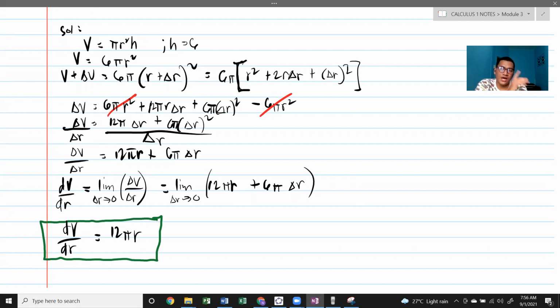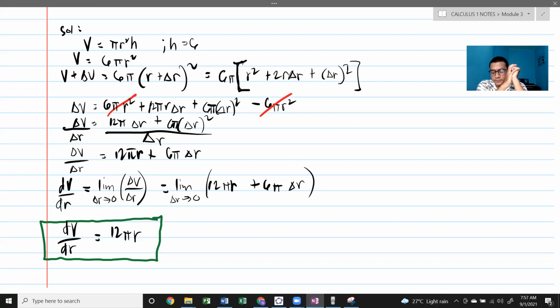So for a certain value of radius, we can find the corresponding rate of change of its volume by substituting the value of R into this derivative. Okay, so that would be our fundamental concept of the derivative.